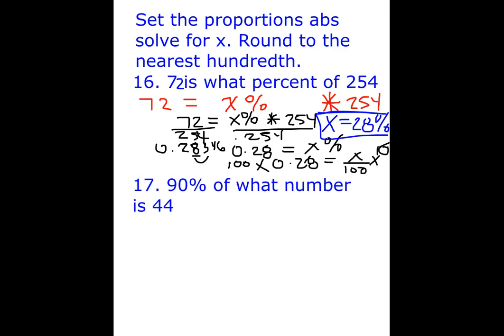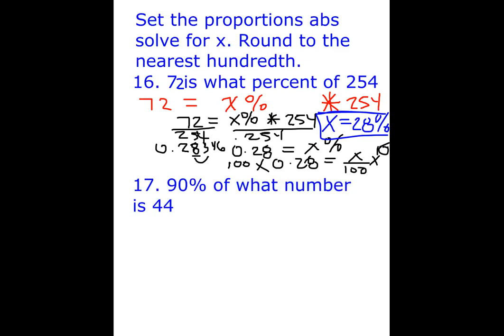Number 17. So again, we have a word problem. We're going to convert it into an equation. 90% of what number is 44? So remember that since we want a number, we don't really want a percent.